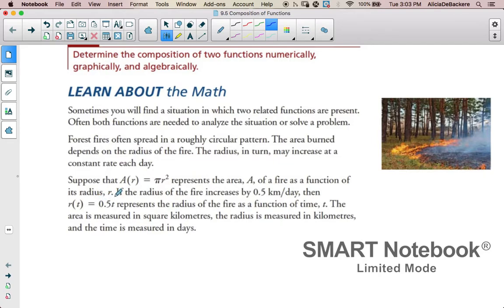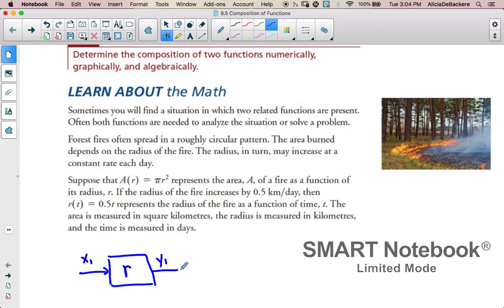So I can combine these functions, and that's what we're thinking about with composition of functions. I've got my first function, which is the radius function, and I'm going to put an input into that function. I'm going to call that x1, and it's a time input in this example. And then what pops out of that function is my first output.